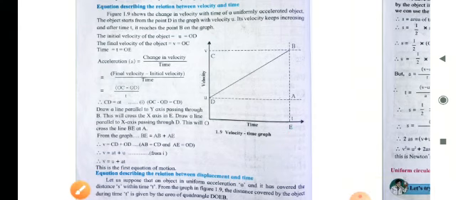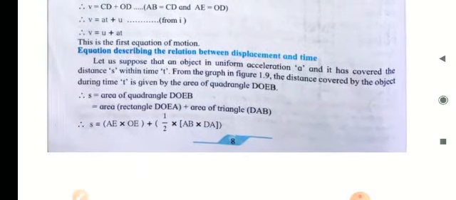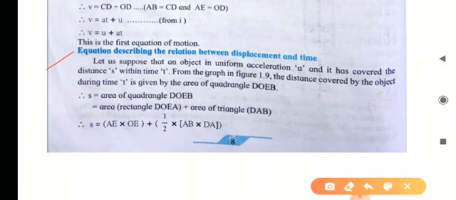Now, second equation. The second equation describes the relation between displacement and time. Let us suppose that an object in uniform acceleration a has covered the distance s within time t. From the graph in figure 1.9, the distance covered by the object during time t is given by the area of the quadrangle DOEB.